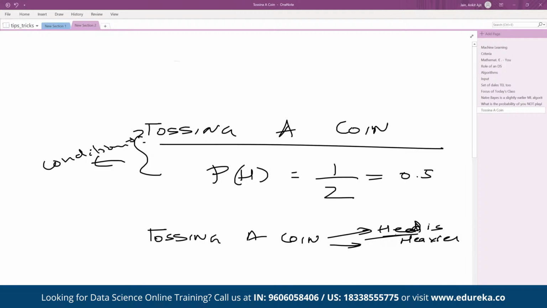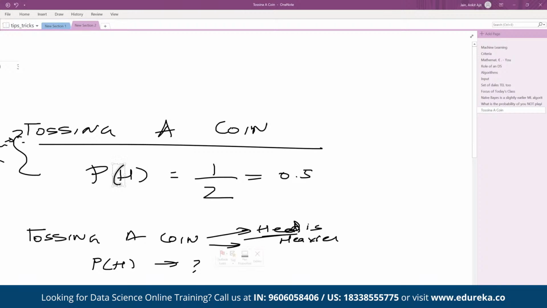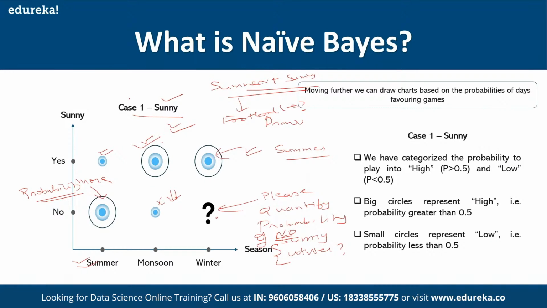That the head part of the coin I have made a little heavier, some manipulation I've done. Now tell me what is the probability of head. This cannot be answered straight away by 1 by 2. You will have to look into this factor, right? This is a condition. Like in this case, what was the condition put on that? That it is sunny and it is winter.